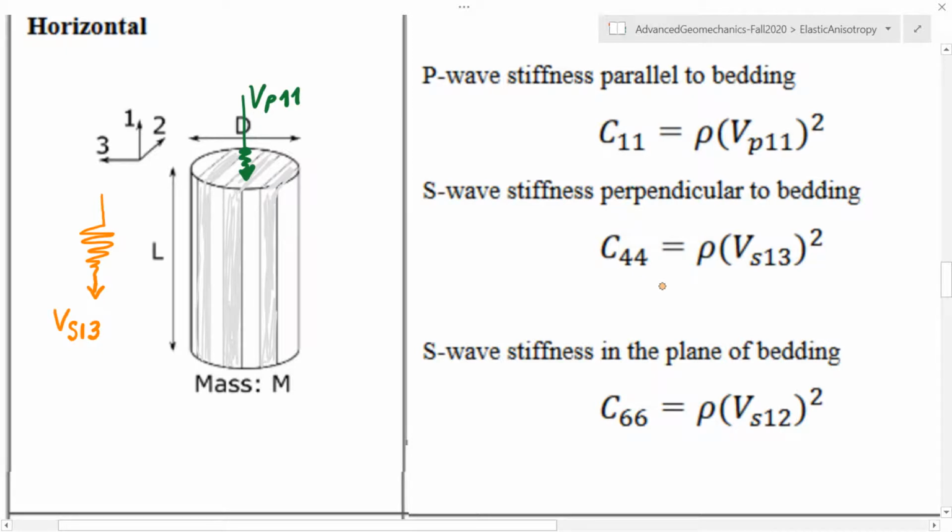The new property is the one for the shear wave that propagates in the plane 1, 2. And now I'm recovering the shear stiffness in the plane 1, 2, and this is C66. Okay, so far we already had this one. So similar to what we had before, we just have 4 stiffness parameters so far.